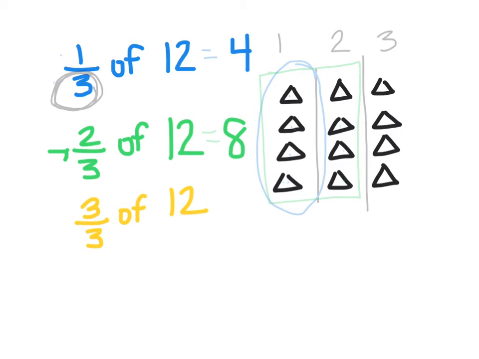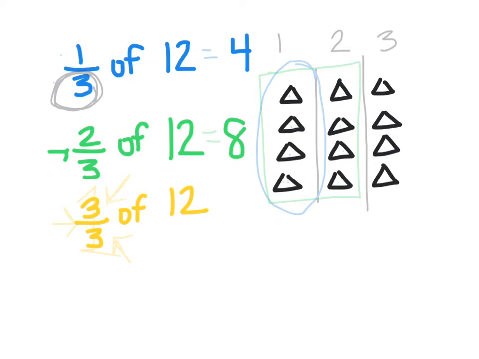Last but not least, we're looking for 3/3. Remember, 3/3 is the same as 1. So if 3/3 of 12 is 1 whole, I wonder what that is going to equal. Remember, the bottom number shows me how many pieces or how many groups I've split 12 into.